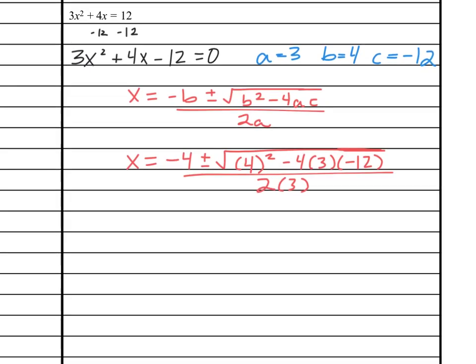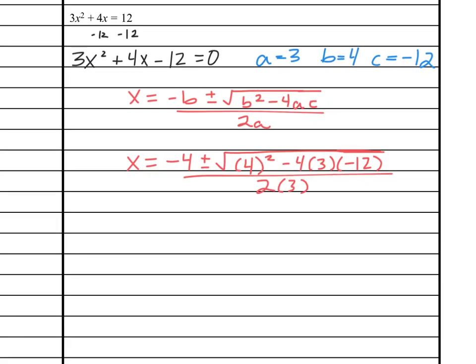Let's simplify what's under the square root first. So we're going to leave this negative 4 out front. We're going to leave the plus or minus. What's 4 squared? 16. 4 times 4. Now in this part, if you needed to calculate, please do.